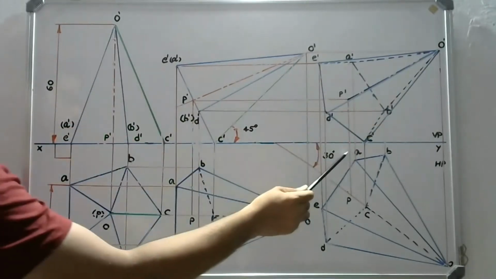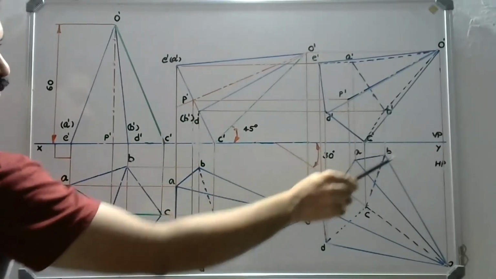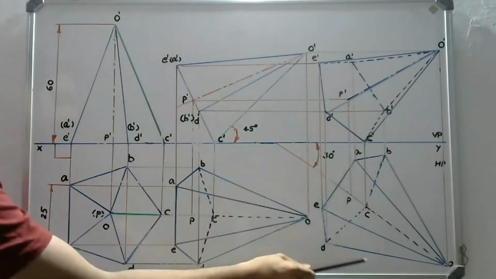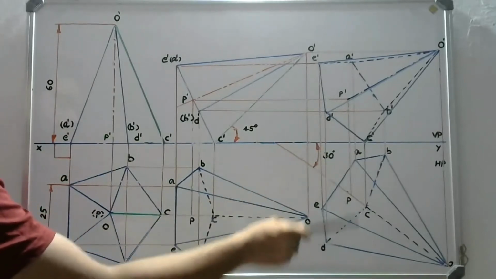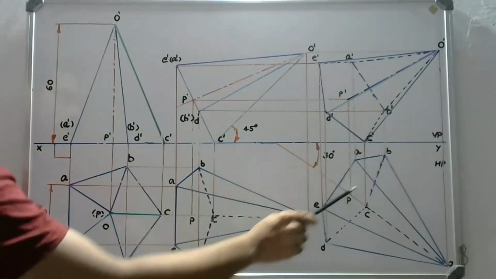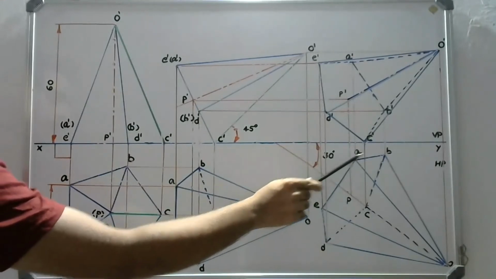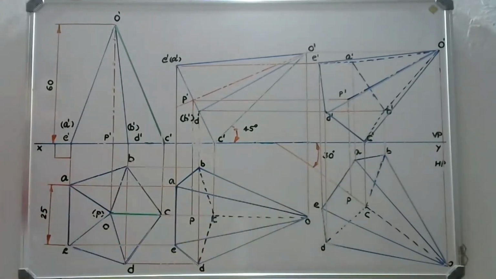That means the edges or corners which are very close to the plane are invisible in the front view direction. That is, A and B are very close to the vertical plane. Because of the solid, we cannot see the corners A and B in the front view direction. So we completed our problem.